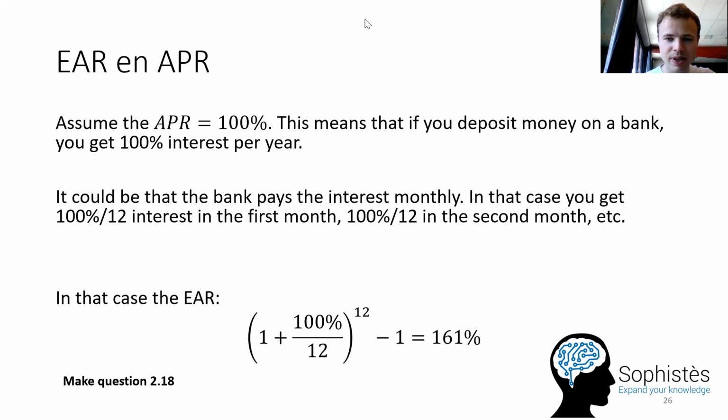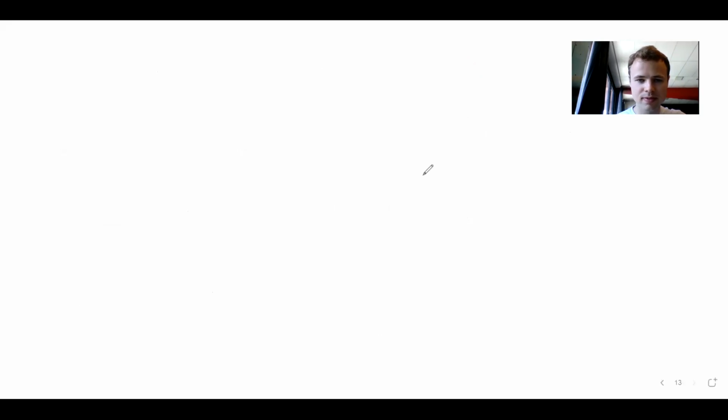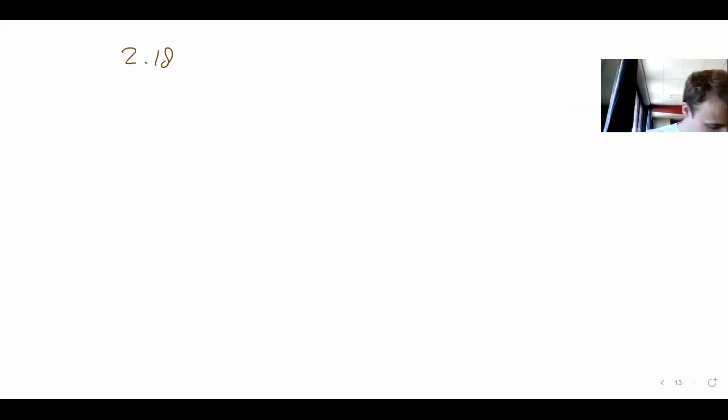Let's do 2.18 on the whiteboard. Lieselot, would you like to help me with 2.18? Yes, but I do not completely get it yet. Do you want to try it? Yes, of course. So what is the formula for the effective annual rate?